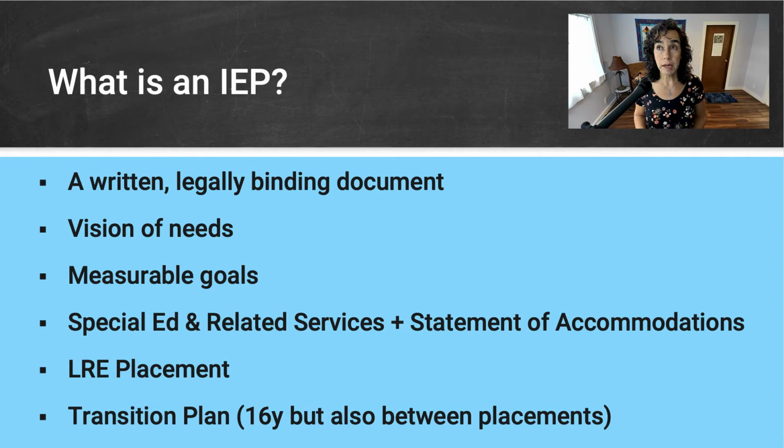So, for example, if one of our clients needs to get up and move every hour, that needs to be written into the IEP. If they need a special desk, or they need the environment to be modified in some way, that needs to be written into the IEP. If they need any tools or adaptive equipment, written into the IEP in the Statement of Accommodations.